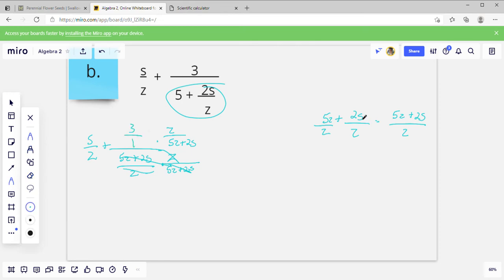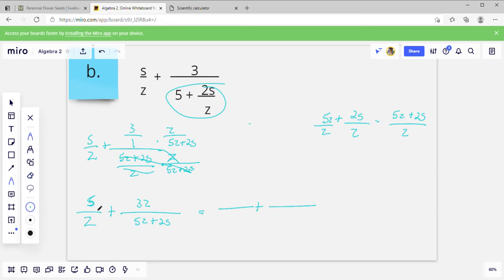And I have to multiply here, so I'm going to have 3z over 1 times 5z plus 2s. And that's s over z. Alright, now I need a common denominator here for these new bottoms, which is going to be, just multiply those two, so z, actually, let me go over here and do it.